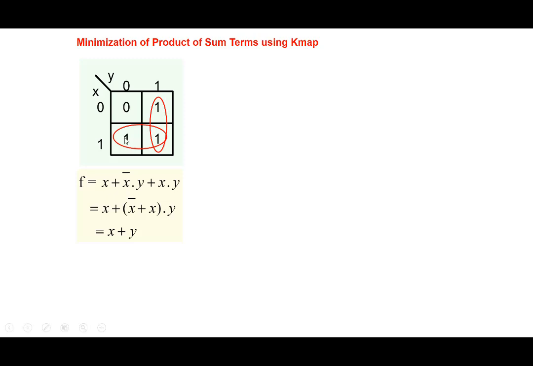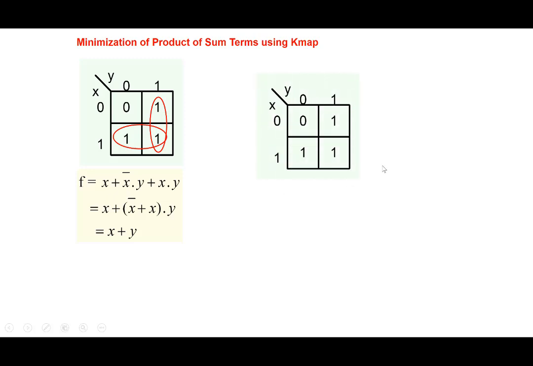So, for example, if we focus on 1, then we would combine this and we would combine this, and we will get a function where the first encirclement is x, the second one is y, so we get x plus y. Well, we could focus on the 0 only. Note that x is 0 and y is 0. So if we focus on 0 and write it as a max term, as a product of sums, we write this particular term as simply x plus y.